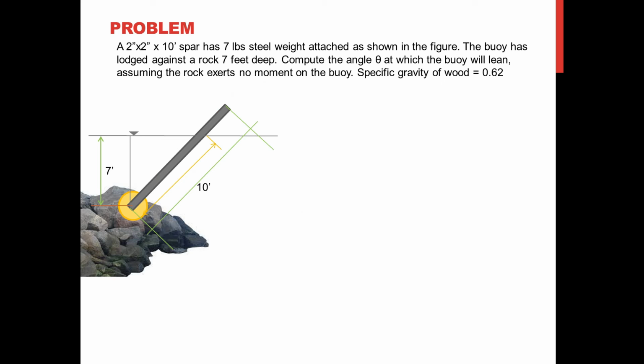Compute the angle theta at which the boy will lean, assuming the rock exerts no moment on the boy. Specific gravity of wood is equal to 0.62. So basically, our task here is to get the angle theta, or the leaning angle with this setup.